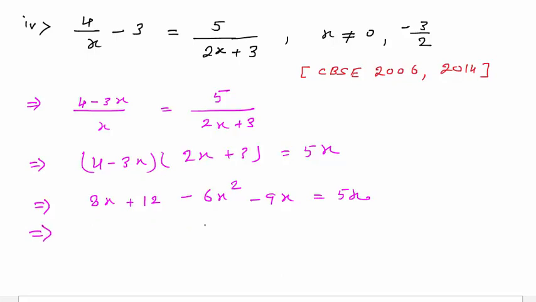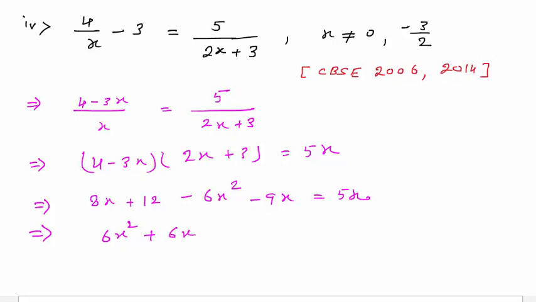So if I rearrange, I take this negative 6x square to the right hand side. So I will get 6x square on the right hand side. Now on the right hand side I have 5x. This minus 9x and plus 8x will move to the right hand side, and I have this 5x. 8x minus 9x is minus x. So when it moves to that side it will become plus.